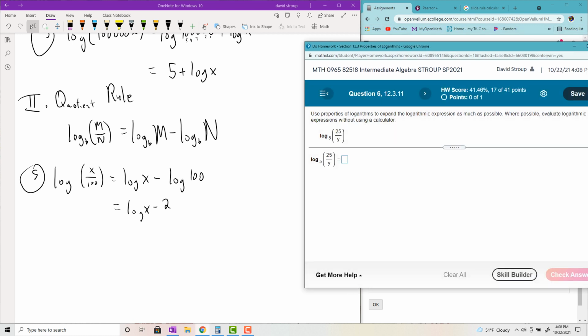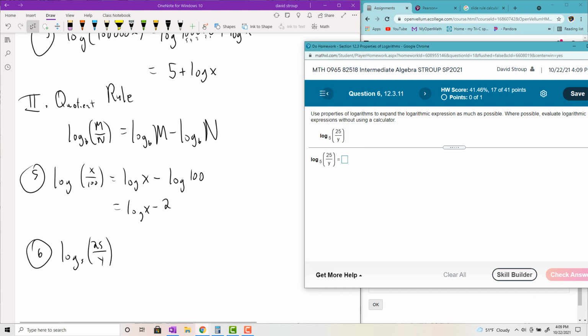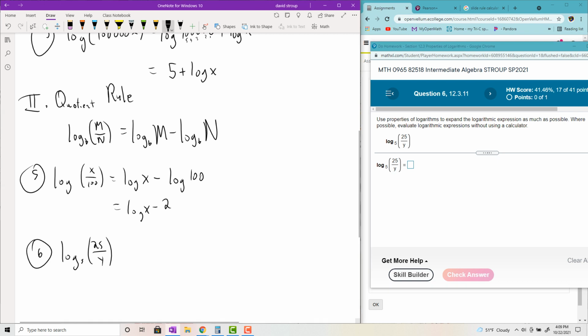Okay. Here's another one. Number 6, it looks like log base 5 of 25 over y. So this is going to be log base 5 of 25 minus log base 5 of y.